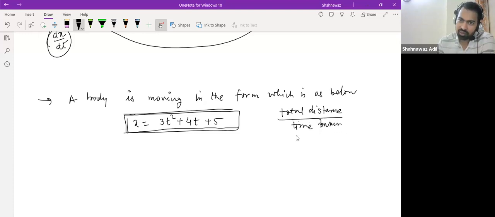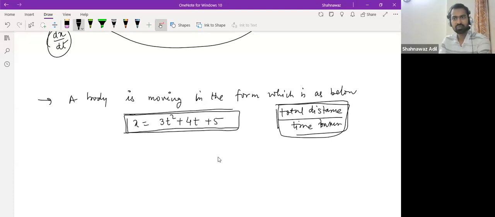If I want to calculate the average speed, I cannot use this formula, right, Rishita? Yes, sir.